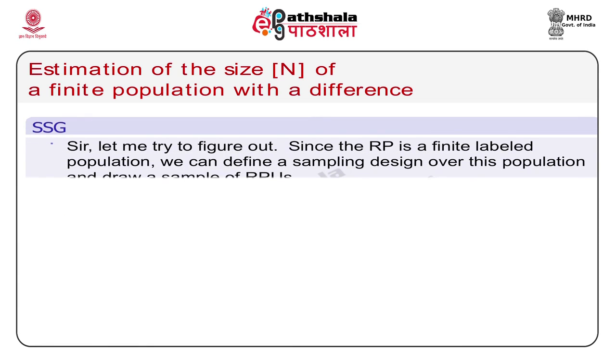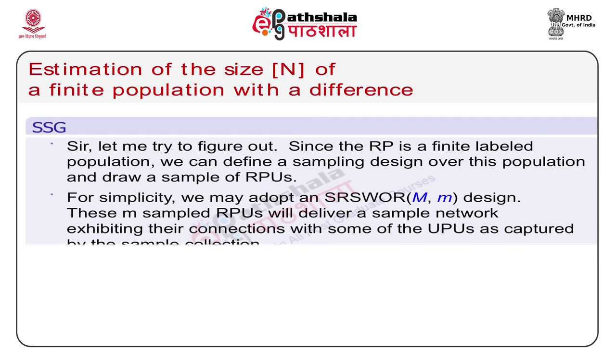Sir, let me try to figure out. Since the reference population is a finite labeled population, we can define a sampling design over this population and draw a sample of RPUs. For simplicity, we may adopt an SRSWOR design.